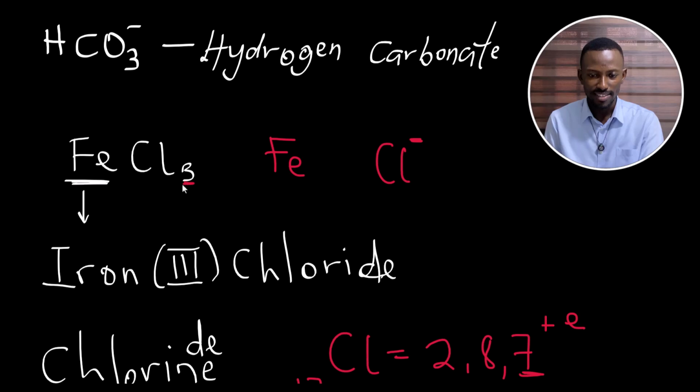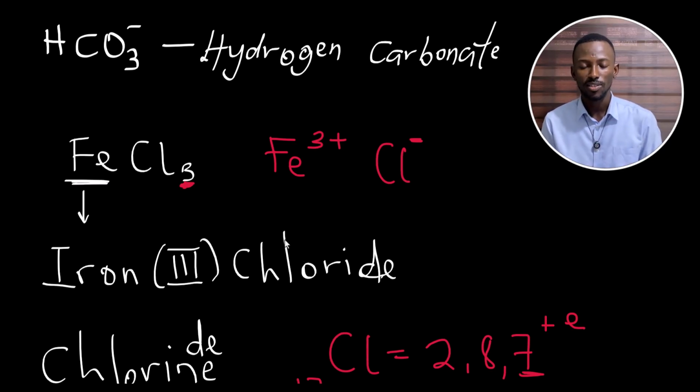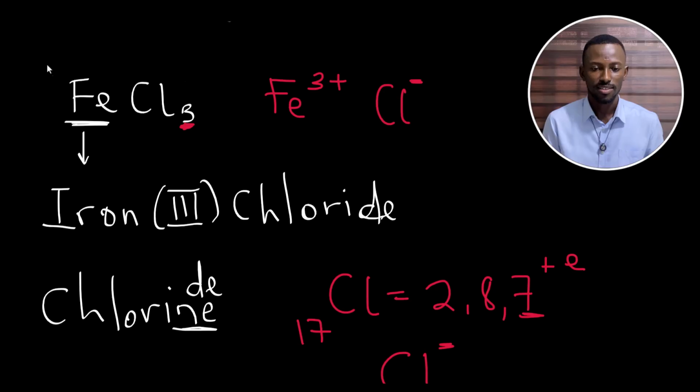But if you look at this FeCl3, the subscript 3 of chlorine actually came from iron. So that means the oxidation state of this ion is Fe3+. That is the oxidation state of the iron in this compound. So the actual systematic name of FeCl3 is what? Iron 3 chloride. Let's pick our next example.